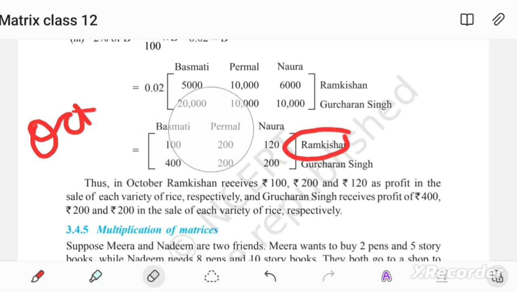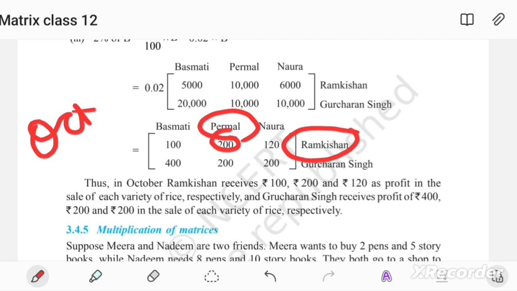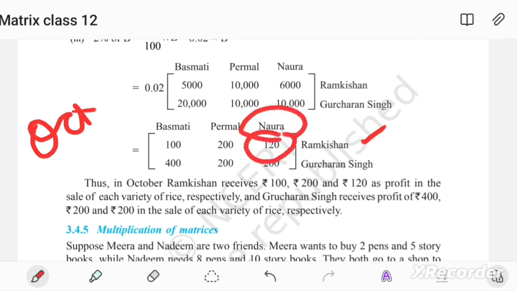It is showing that Ramkishan is earning a profit of 200 rupees on the sale of the Parmal rice. It is showing that Ramkishan is earning a profit of 120 rupees on this variety of rice.